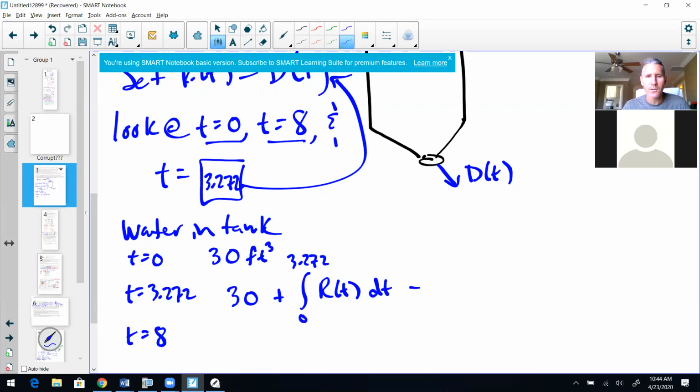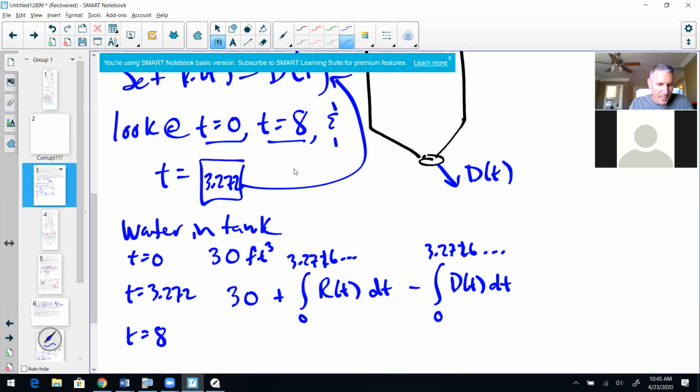If R of t is the rate that water is entering the tank, that's how much water entered, minus how much water exited or drained from the tank. So that'd be the integral from 0 to 3.272 of D of t dt. And really, I'm saying 3.272, but you should keep that as far out as you can, so that's 1/6 dot dot dot.